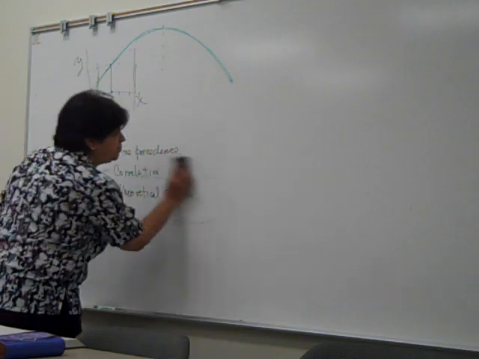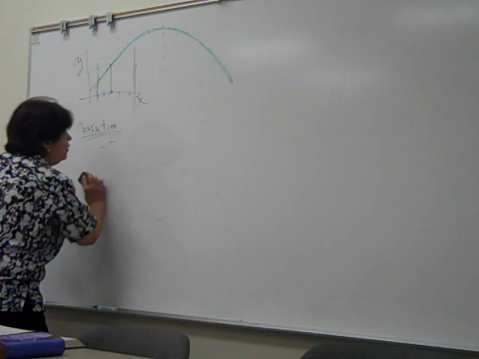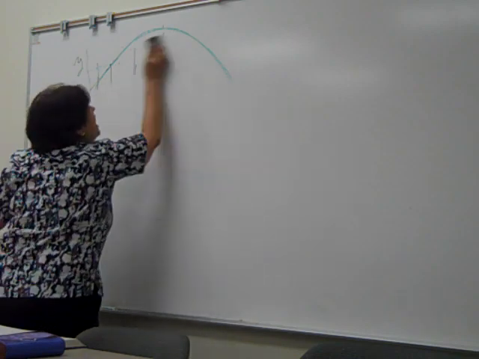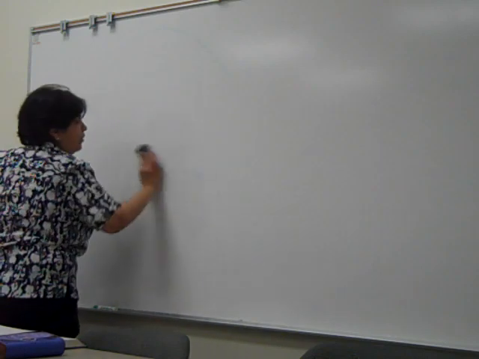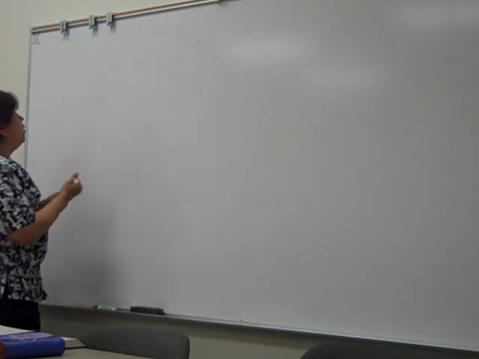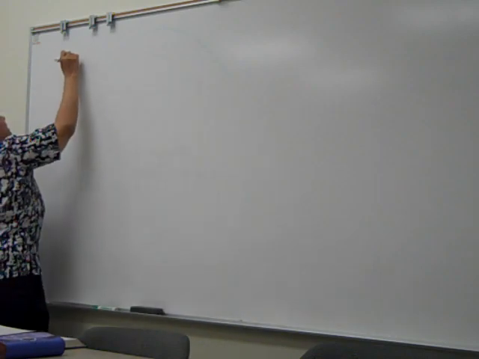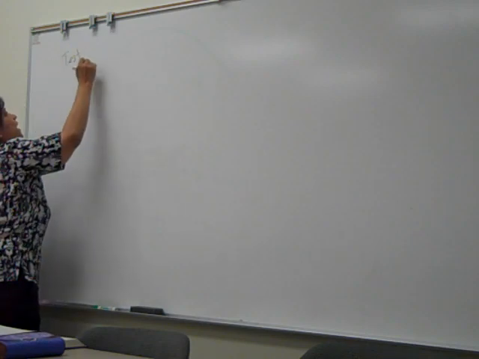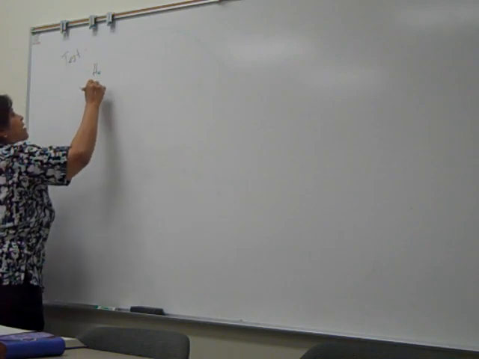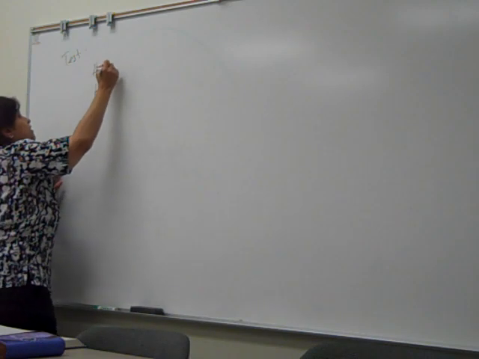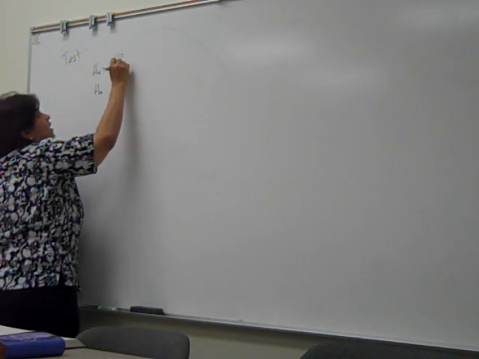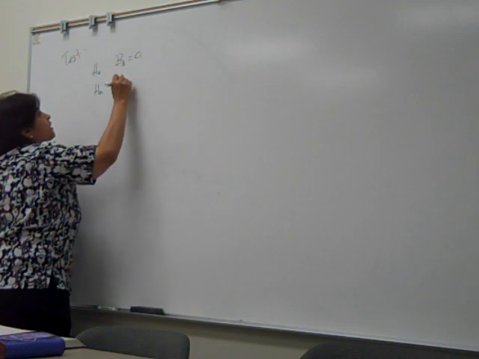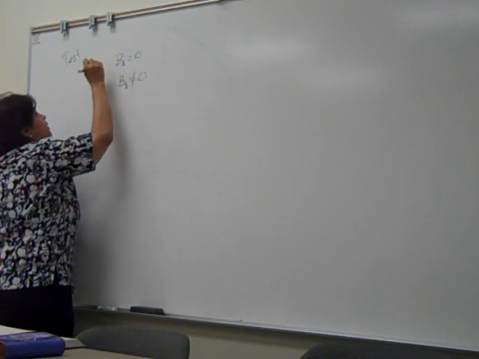Now, how do we test the linear regression? What do we have to test? The null hypothesis and the alternative hypothesis. The null hypothesis is that B1 is equal to 0 against B1 is not equal to 0.